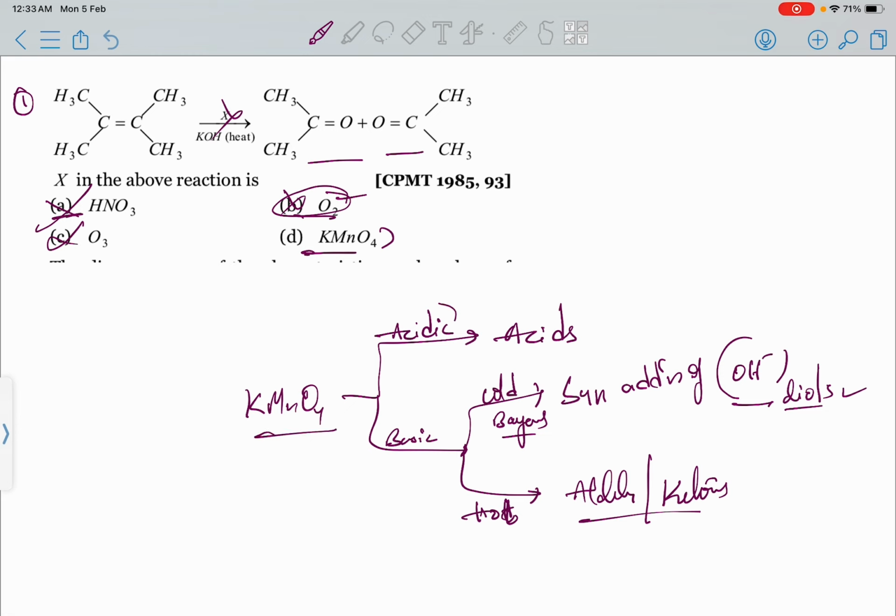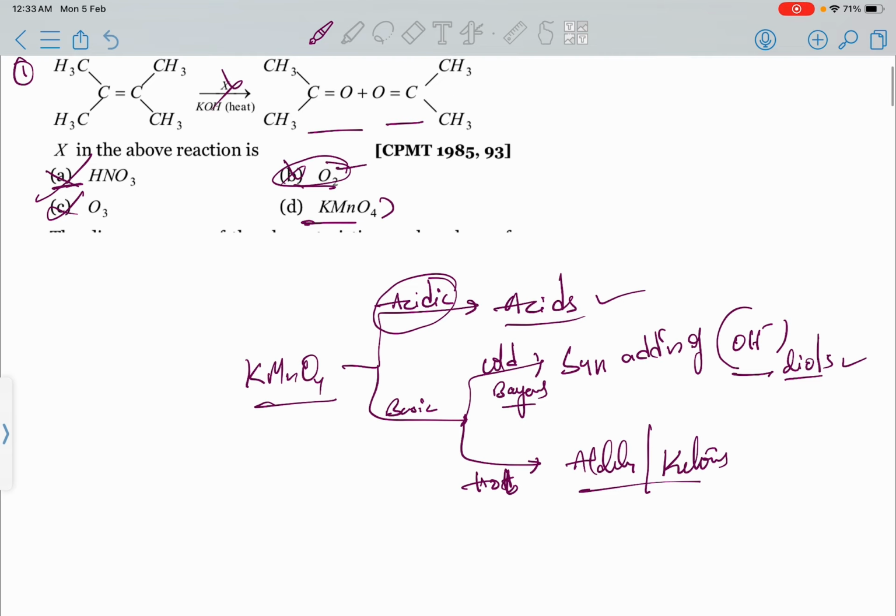See, KMnO4 in the presence of acidic medium will give the respective acids. Whereas in case of basic medium, it will undergo cold as well as hot conditions. Regarding Bayer's reagent, it will be syn addition of OH minus ions, which will give rise to vicinal diols.